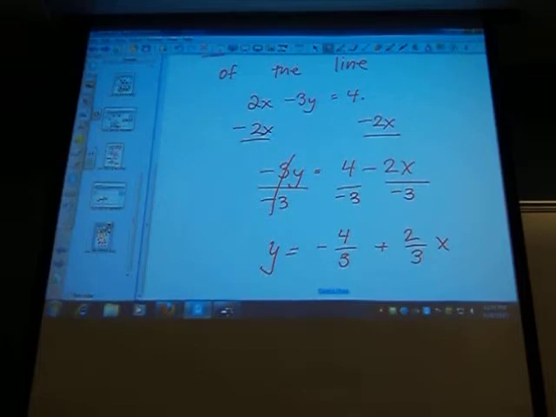Okay? So you've got to be able to rearrange those lines and find the slope, which means sometimes keeping all those negatives straight, which can be kind of a problem.